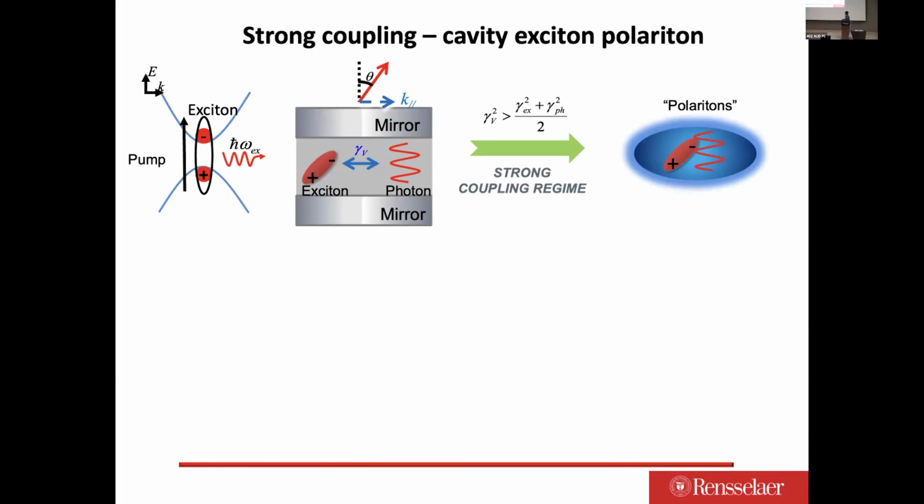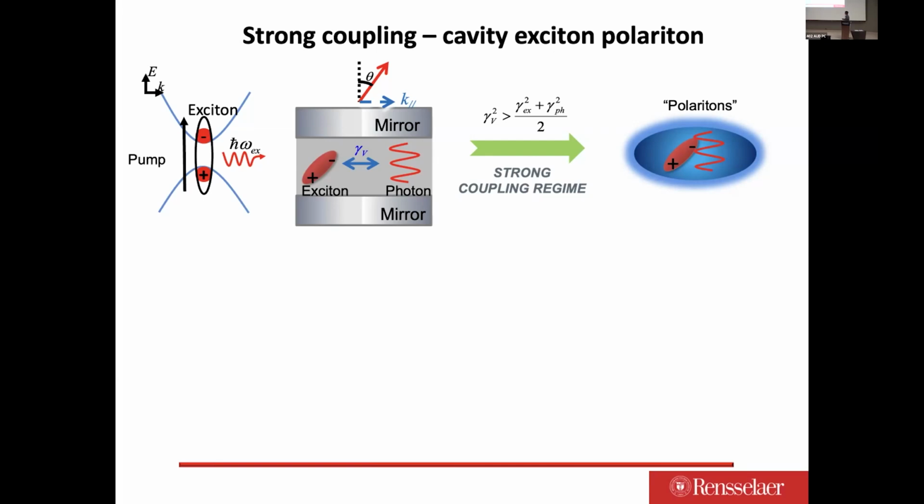And if you bring this excitonic material and embed it into an optical cavity, the exciton will start to recombine and give out a photon. The photon is trapped by this really good optical cavity, so it has no way to go but to be reabsorbed by the semiconductor. So the exciton emits a photon, and the photon is reabsorbed by the exciton.